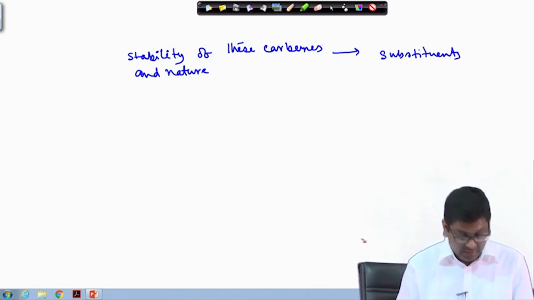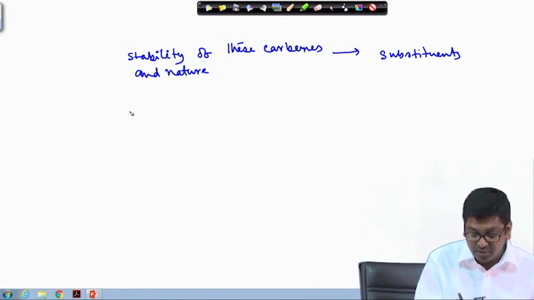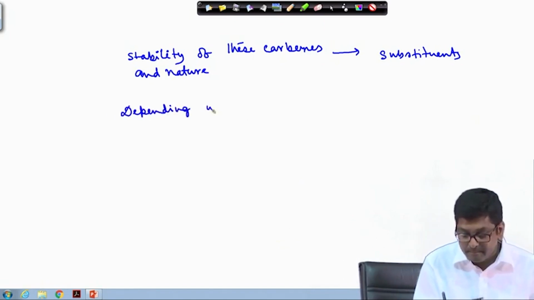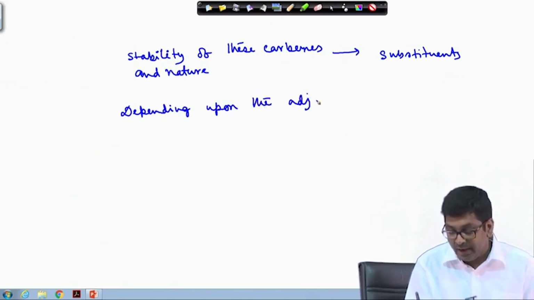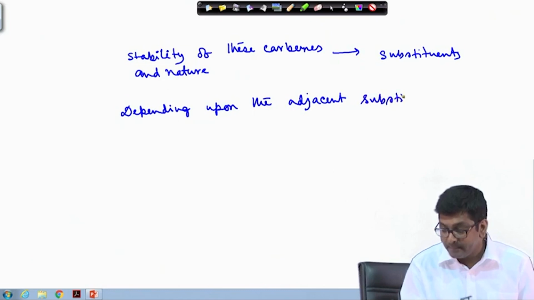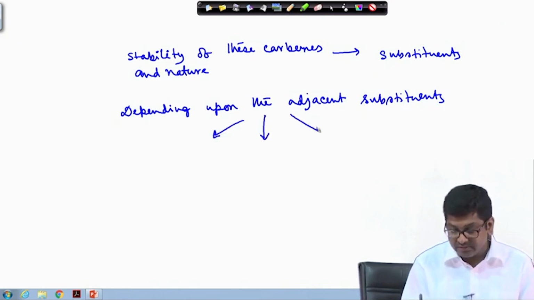Now, depending upon the adjacent substituents, there are three types of carbenes.